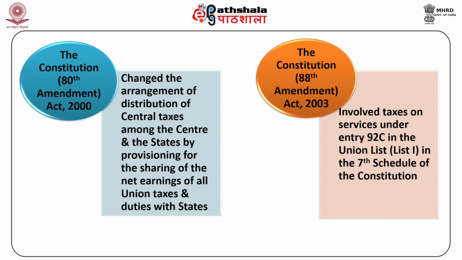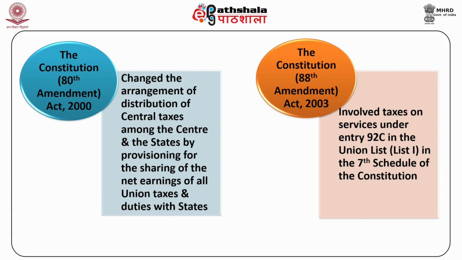The Constitution, that is the 80th Amendment Act 2000, considerably altered the method of distribution of central tax collections among the central and state governments. Before this amendment, income tax and union excise duties were the only taxes shared by the states.